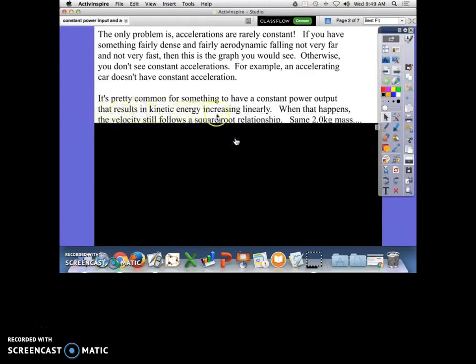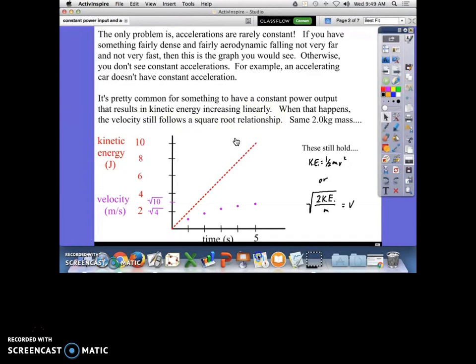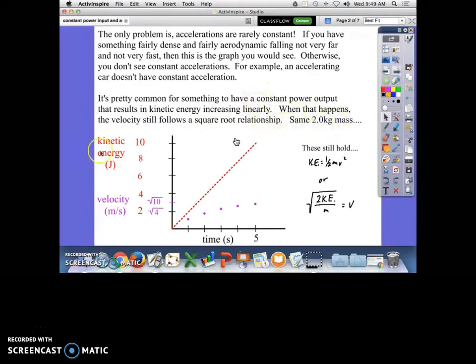But what that does is result in kinetic energy that increases linearly. When that happens, this velocity still follows the same square root relationship. So let's take the same 2 kilogram mass, but look at this time. The kinetic energy doesn't go up in a parabolic curve. Very commonly, if you're adding energy to something, power to something, and you're adding the power at a constant rate, the kinetic energy is going up 2, 4, 6, 8, 10 joules linearly.